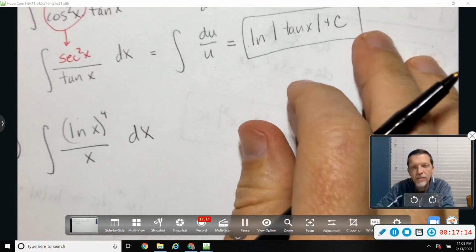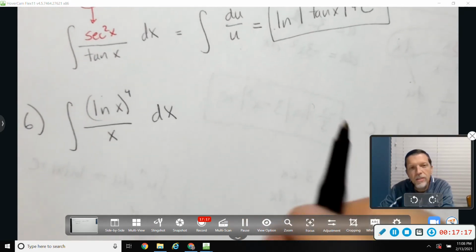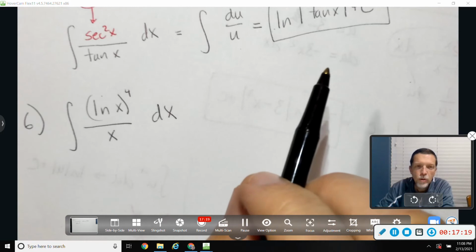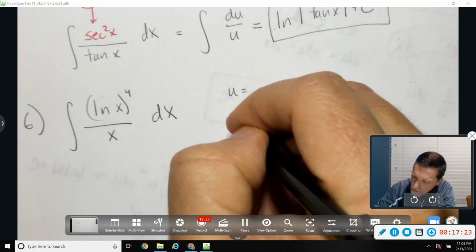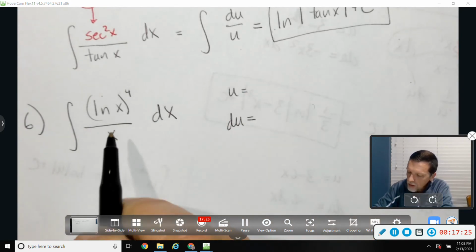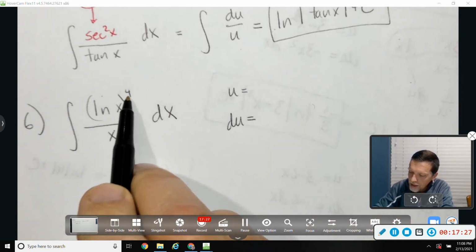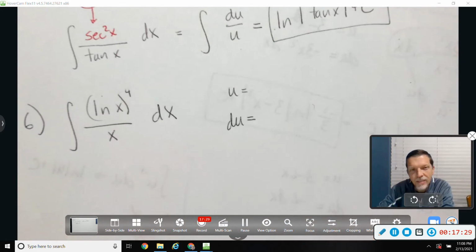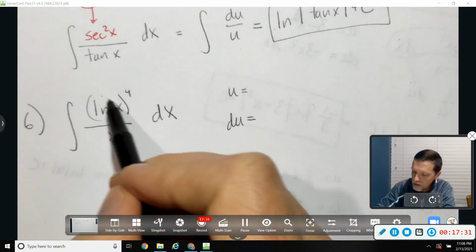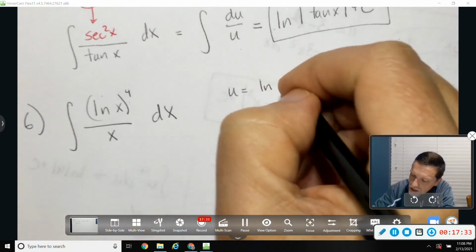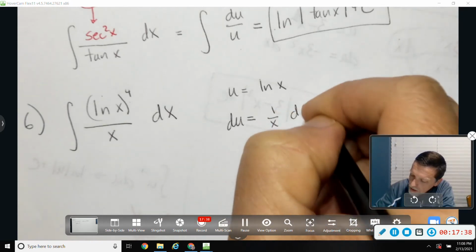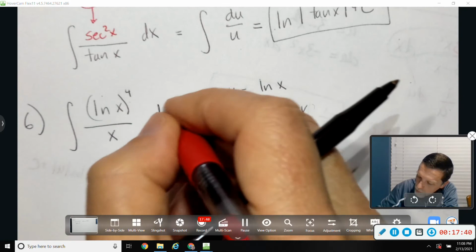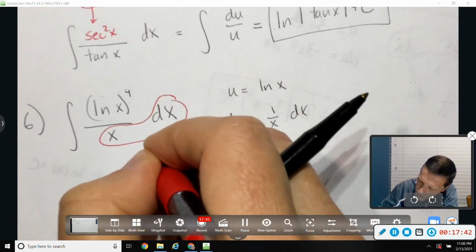Well, again, you've got to know your derivatives well enough so that you can identify who should be u so that du shows up. Again, a lot of times we take what's on the inside, like if there's nested functions, we let u be the inside function. Du would then be 1 over x dx, which actually works out pretty well because that's exactly what that is.